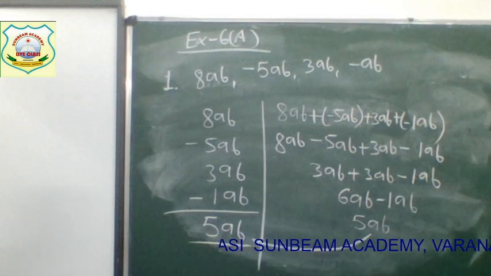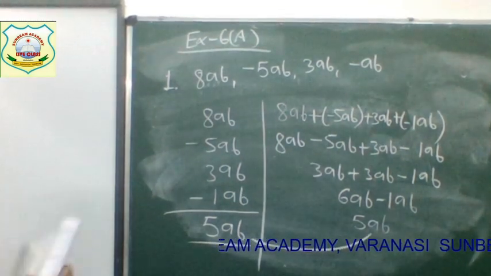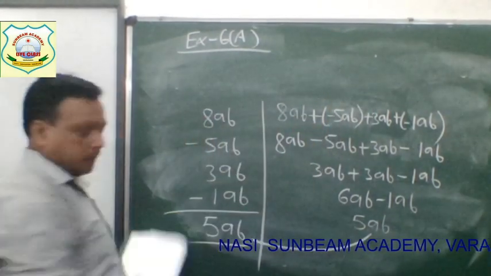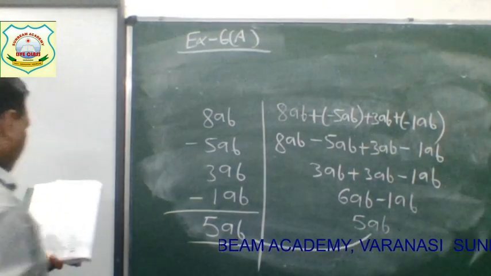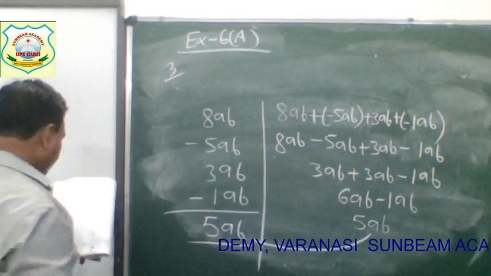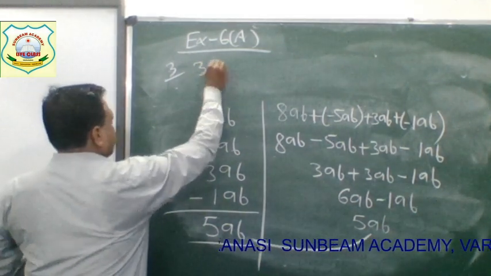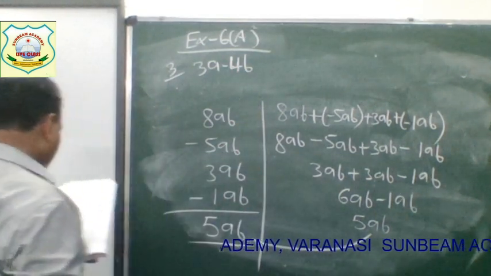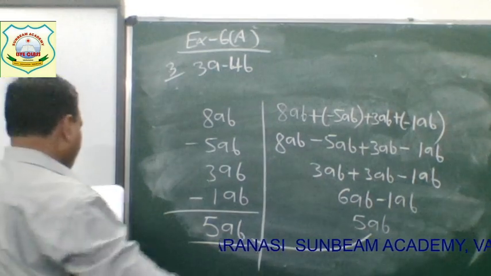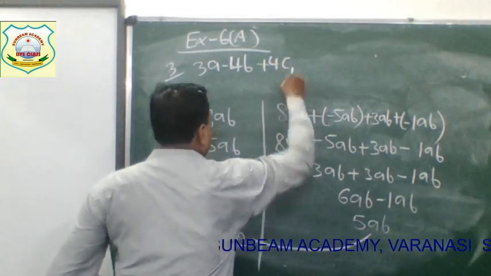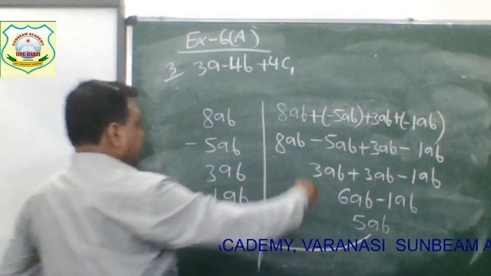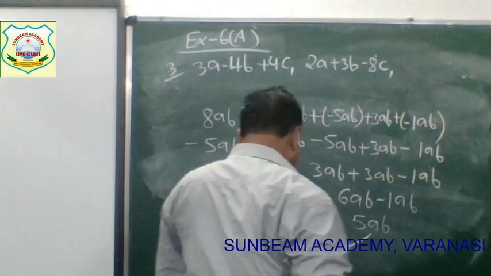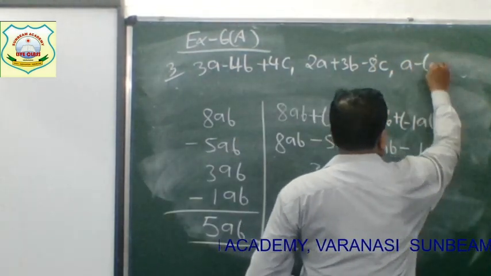Everyone clear? Now question number 3. Note down question number 1 first. I am writing question number 3: 3a minus 4b plus 4c, 2a plus 3b minus 8c, a minus 6b plus c.